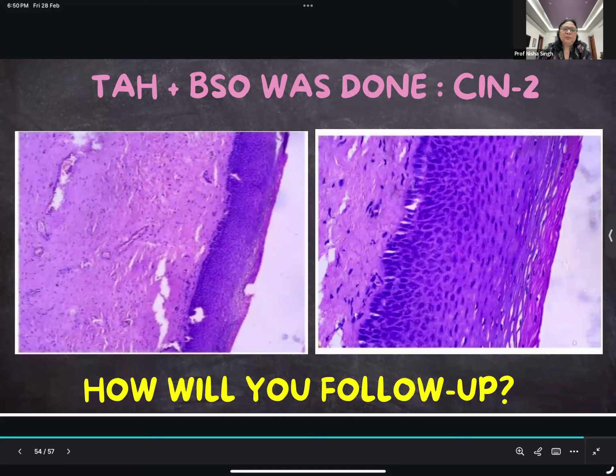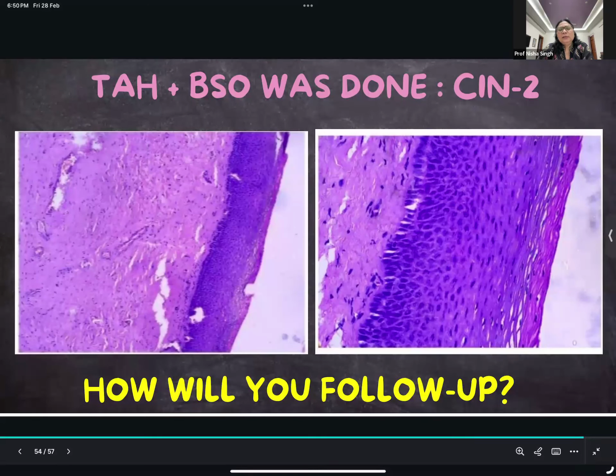We can go to our pathologist and request them to review the slide and the history. Writing the history on the biopsy form is so very important. This will guide us to plan the further course. So I think, Valina, this was the case where a microinvasive cancer came out.